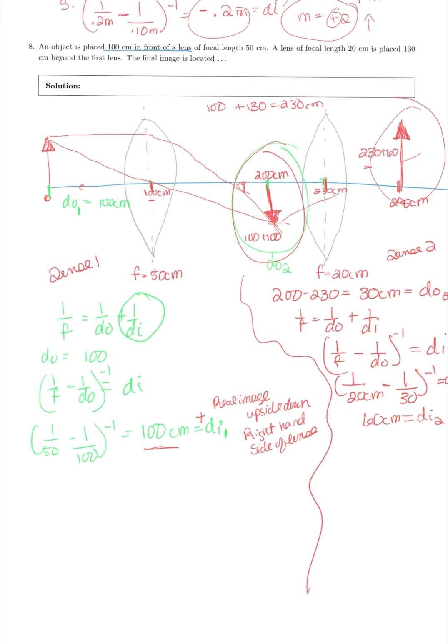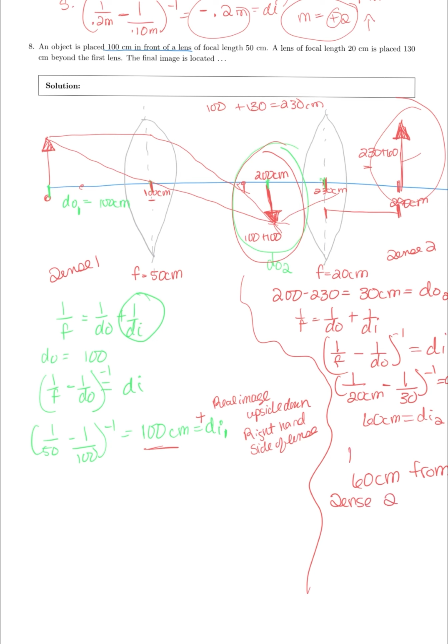Okay? And now we want to know, where is the final image located? Well, remember, you measure them from the center of the lenses, so it's going to be 60 centimeters from lens 2.